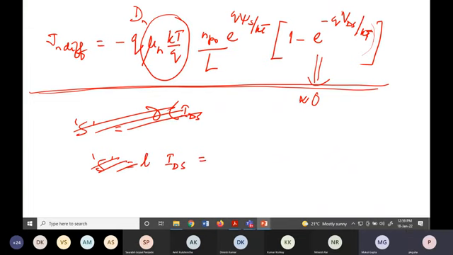Log, I'm taking log scale because it is exponential, you see. So log10 IDS, it is possible to show that, I'm just skipping a couple of steps. If you are interested, you can try to work it out, or if you want me to work it out, we will do it later on.